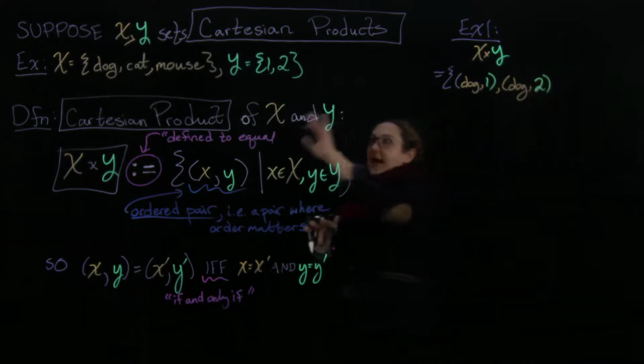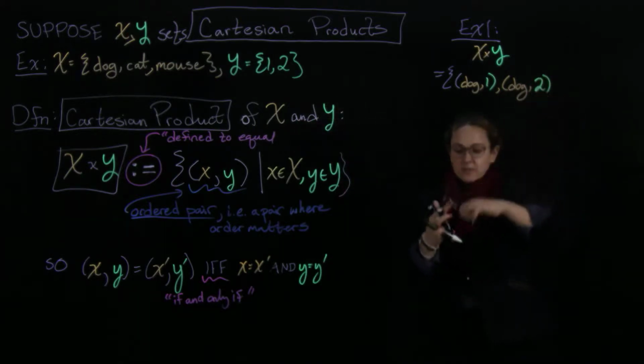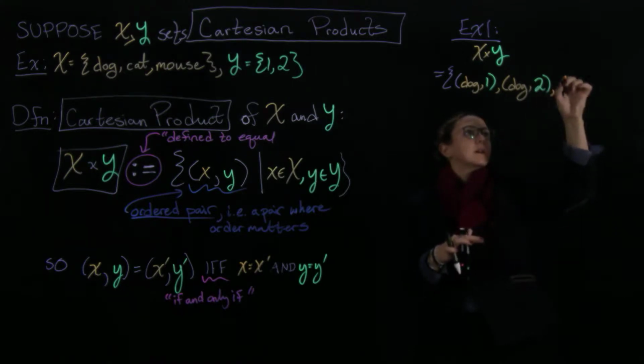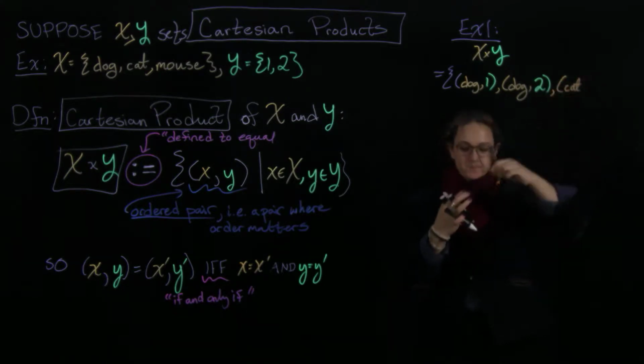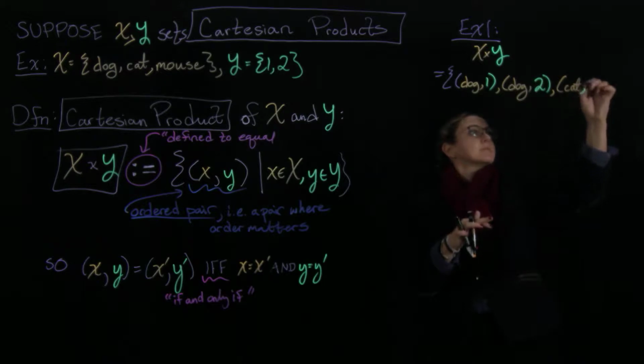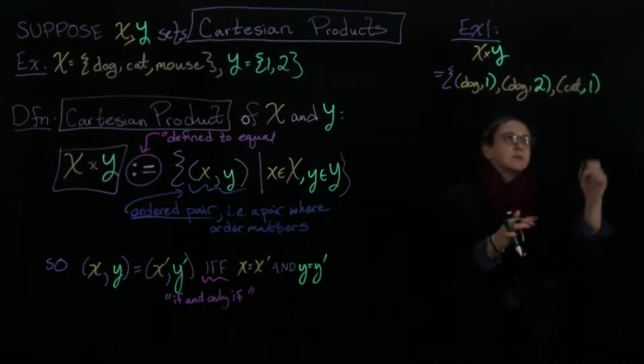Then cat has to go together with both 1 and 2, so cat with 1 and cat with 2.